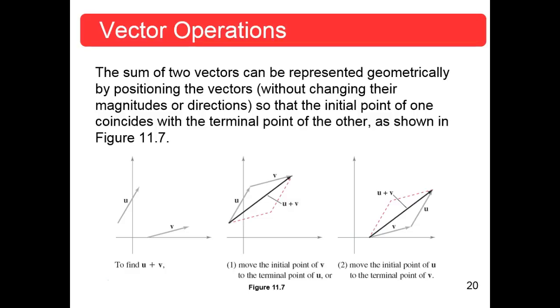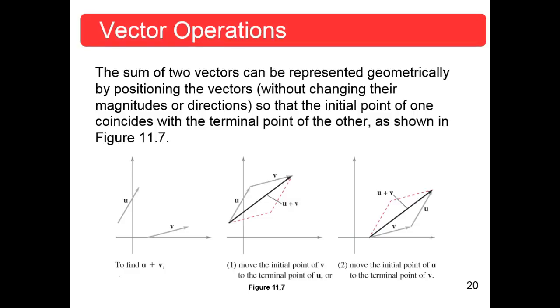If you're going to add U to V, I usually start with U, draw it, then take V and put the initial point of V on top of the terminal point of U, without changing its direction at all. Then from the initial point of U to the terminal point of V, that will be the sum vector U plus V.